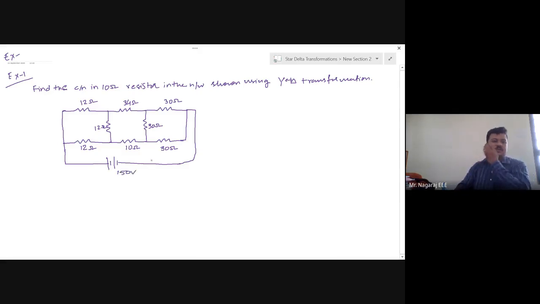This is the circuit given, and I need to find the current in the 10 ohm. This current may be in the opposite direction also. So it is very much evident now that this 10 ohm should not get consumed in my circuit reduction techniques.